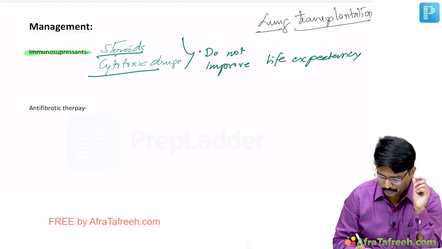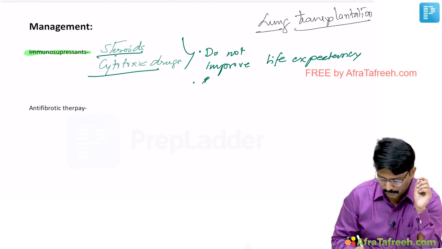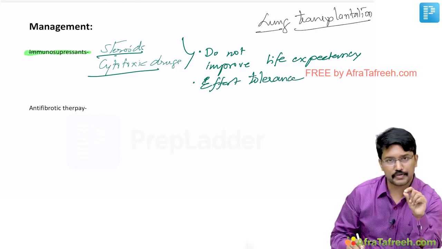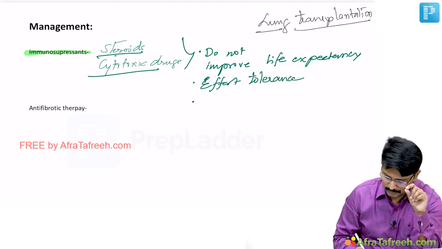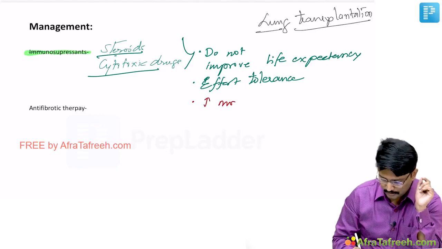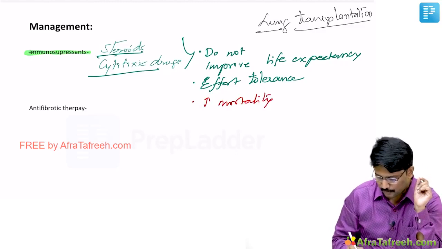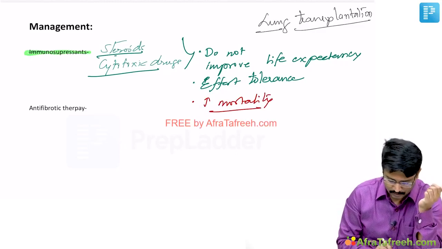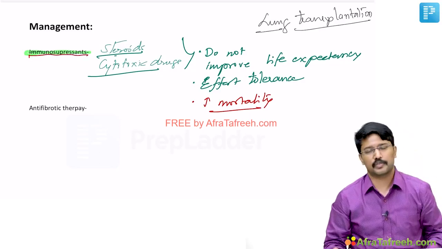They neither improve effort tolerance. And there are a few studies which say use of cytotoxic drugs is associated with increased mortality when compared to those patients who were not treated, and hence most of us have abandoned using immunosuppressants.